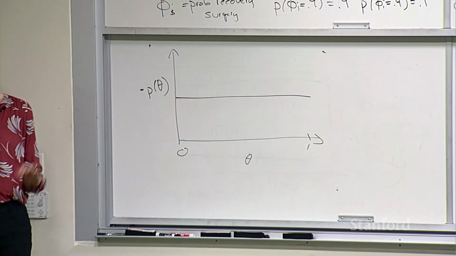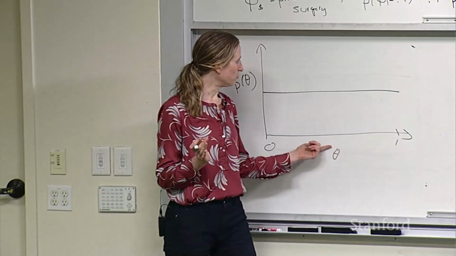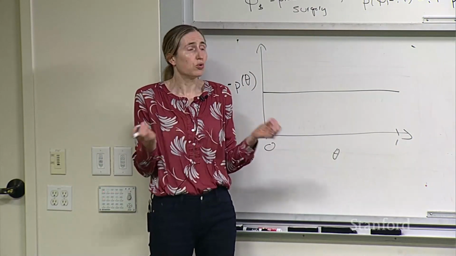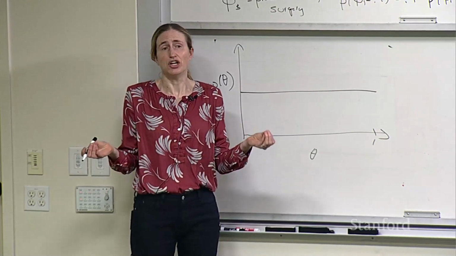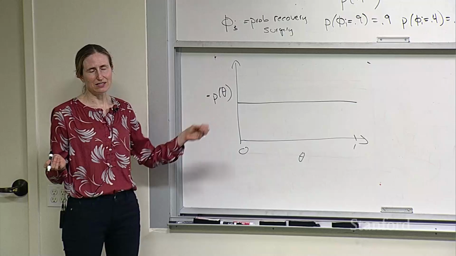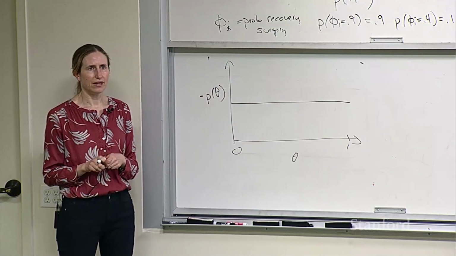It says, I have no idea what theta is. It could be 0, it could be 1, it could be 0.5, 0.7, or 0.9. It just says someone is totally agnostic. This is often called an uninformative prior, saying I have no idea what my probability is for surgery, and so on.